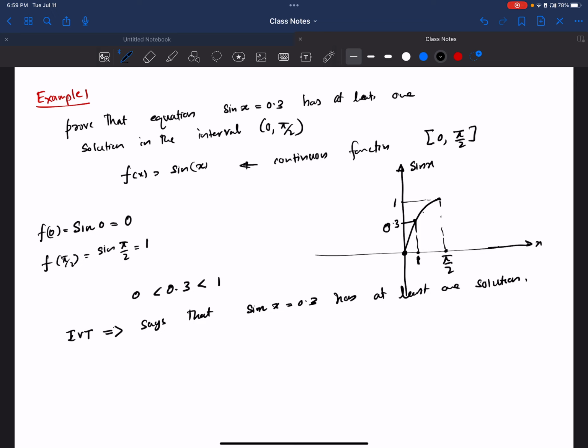There should be some x value that satisfies this equation. We don't know what that x value is. There should be some c value that satisfies that equation, okay? You can use the intermediate value theorem in that way. Let's work on a couple of other problems.